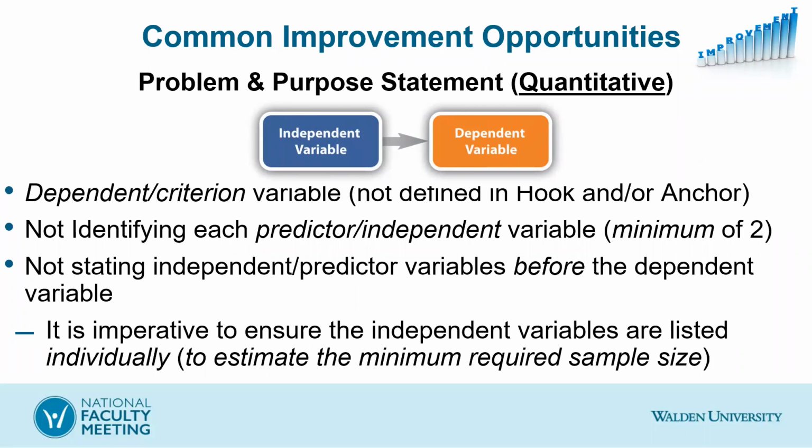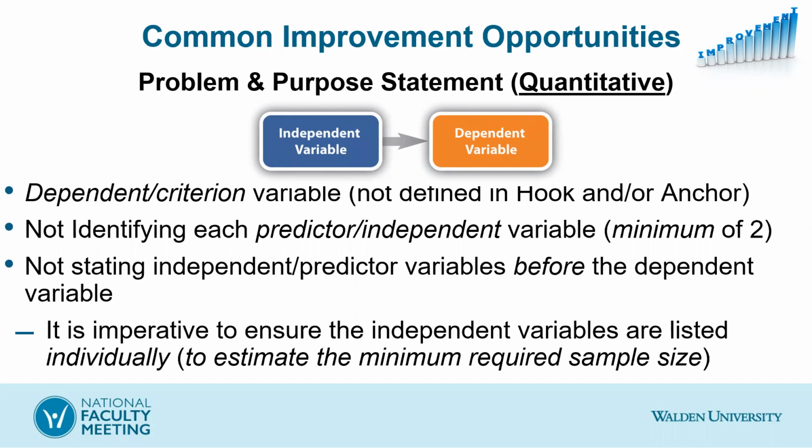Not stating an independent predictor variable before the dependent variable. When we write our hypothesis, our specific business problem, and our research questions, we need to write the independent or predictor variables first. We normally write those in time order. Be mindful that in our purpose statement, when we're identifying our independent variables, we need to break each one down and talk about each one.